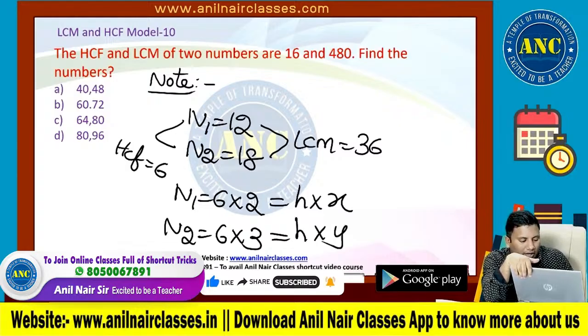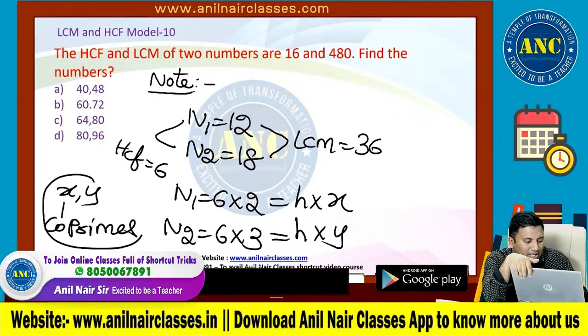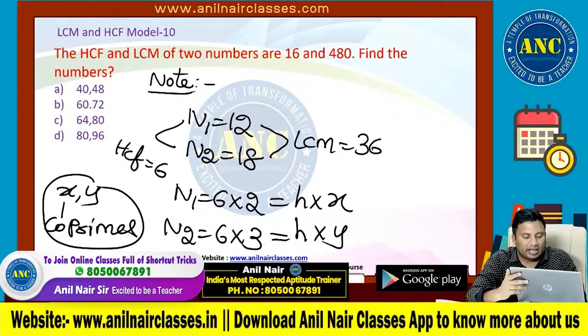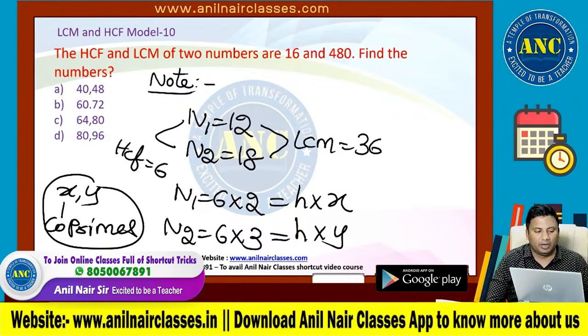Here 2 and 3, X and Y, are co-prime to each other. Any natural numbers can be written as H into X and H into Y, where X and Y are co-prime to each other. Please write down this.